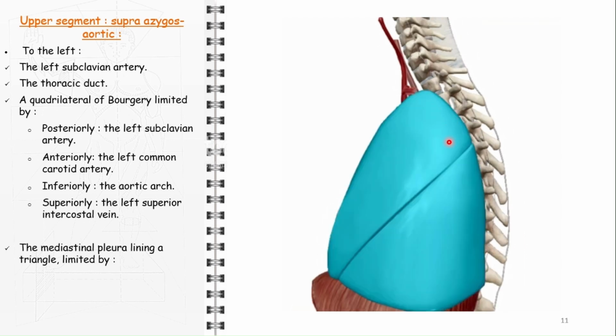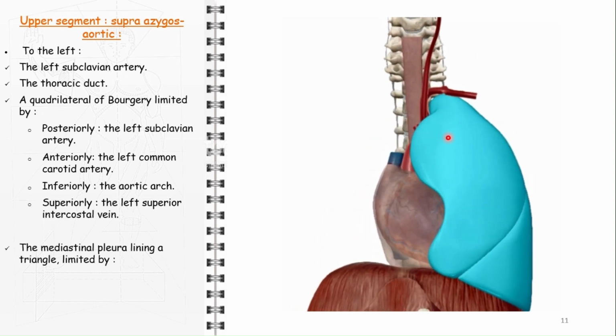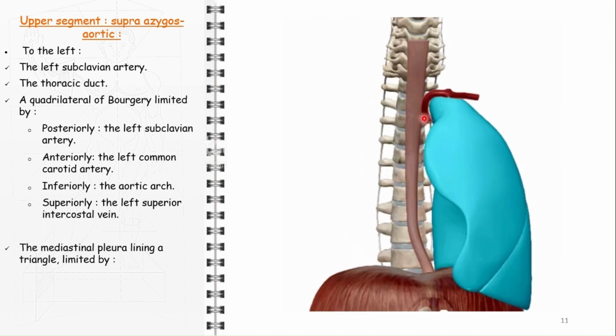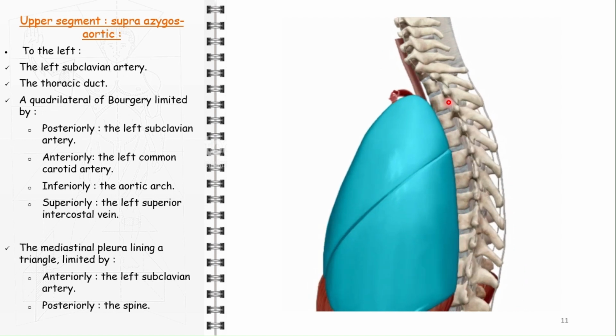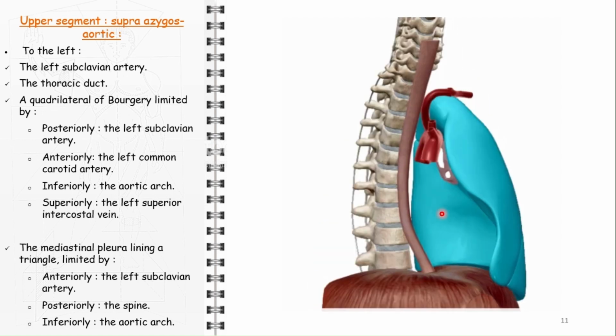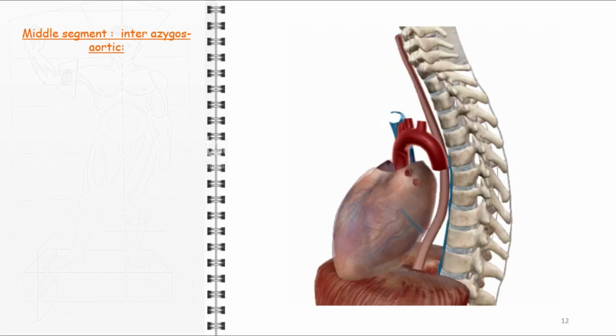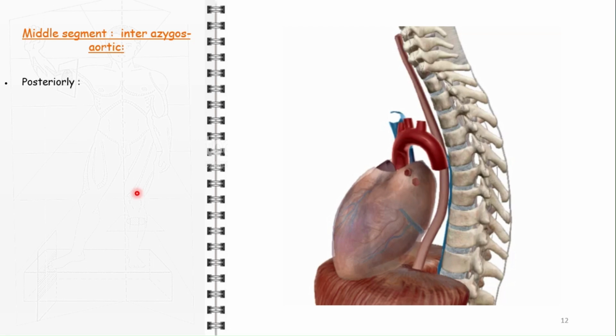Further laterally, the mediastinal pleura lining a triangle limited by: anteriorly, the left subclavian artery; posteriorly, the spine; inferiorly, the aortic arch.